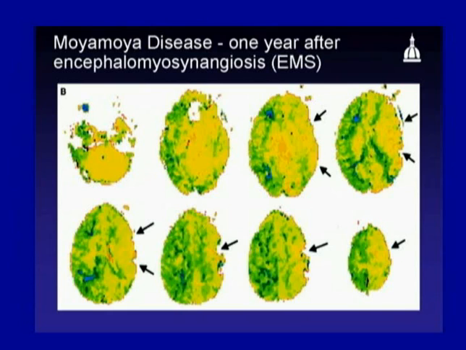And you can see actually in this patient it was pretty successful. Here it was done in the left hemisphere, and you can see this is 1 year later after the procedure was done. There is actually pretty good perfusion now of much of the left hemisphere following this procedure.